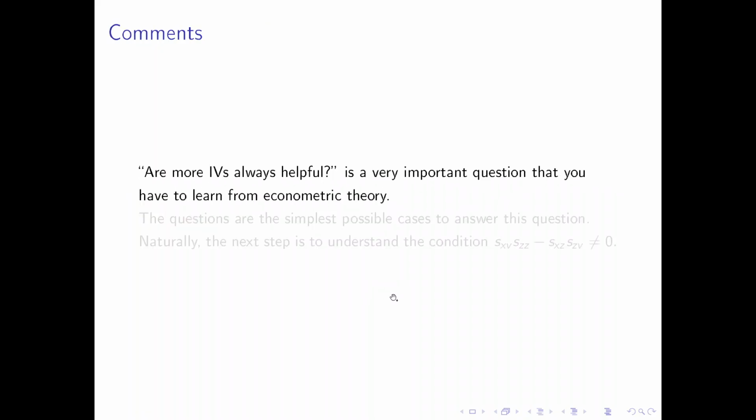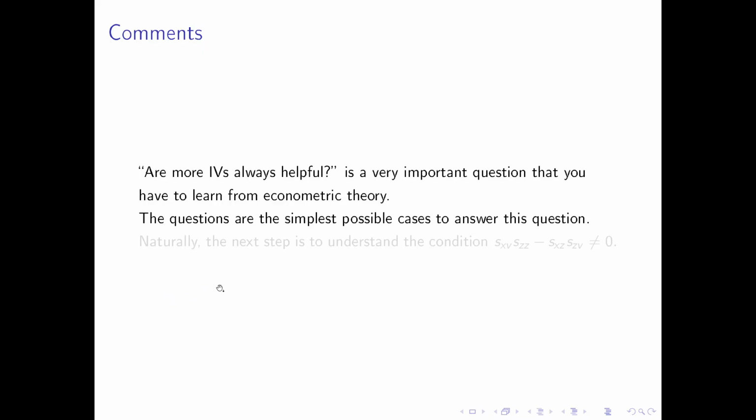And as I said in class, this is a very important question. As a researcher, when you learn GMM or IV regression methods, you should have had this question. What is the best IV? The more IV, the better, or when does it make the estimator better? And we just answered that question in a very simple case, right?